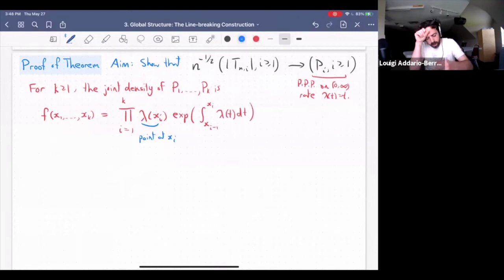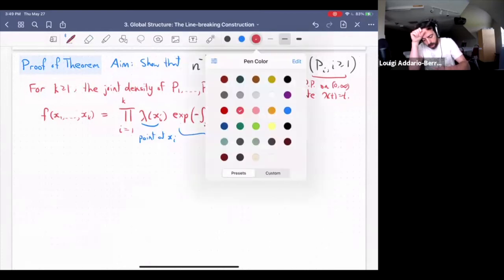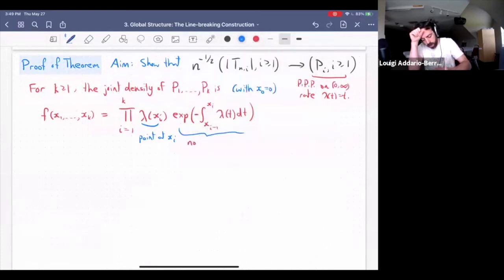It's useful to set x0 equal to 0. This exponential, and there's a minus sign missing, is enforcing that there are no points in xi minus 1 to xi. And then, because these are supposed to be the ranked atoms in increasing order, we want that x1 is less than x2, and so on up to xk.